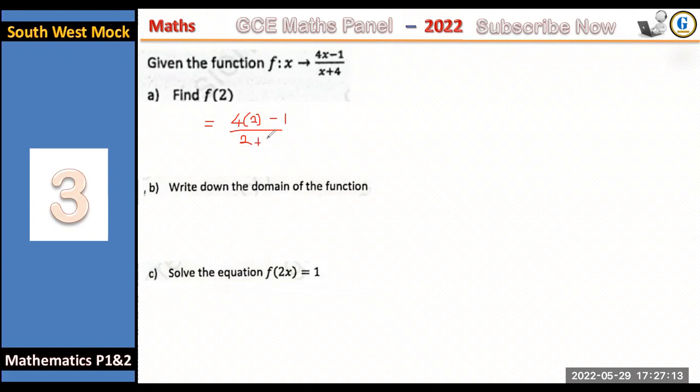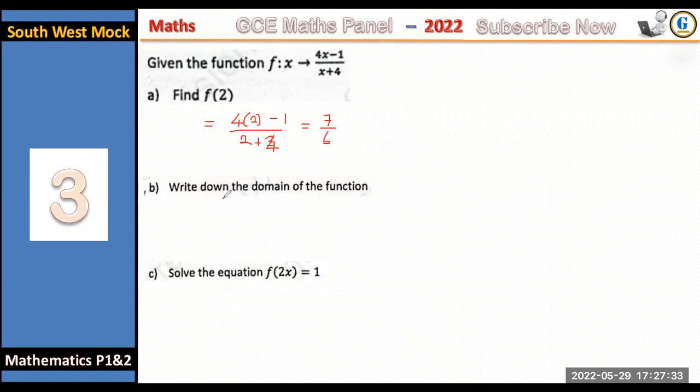So what does this give us, guys? So 4 times 2 is 8, minus 1, 7. 7 over 6, right? All right, so this gives us 7 over 6.